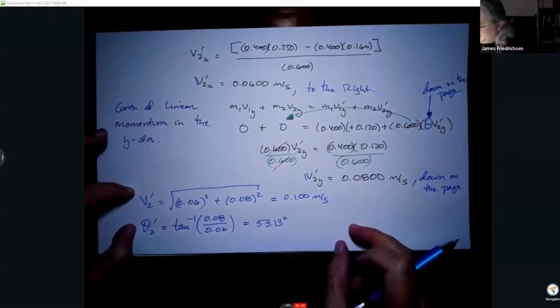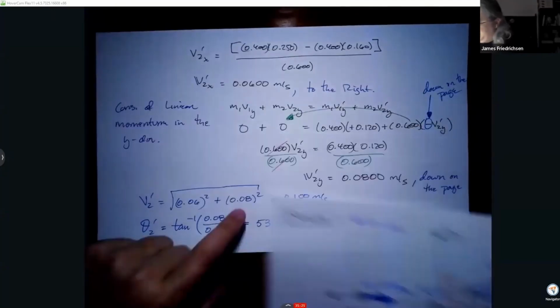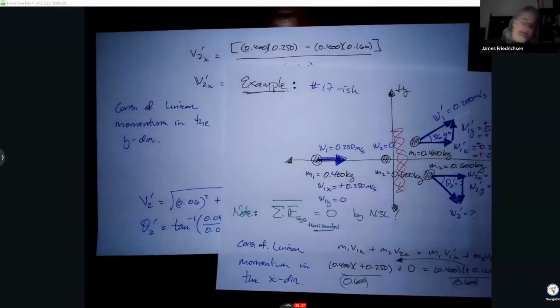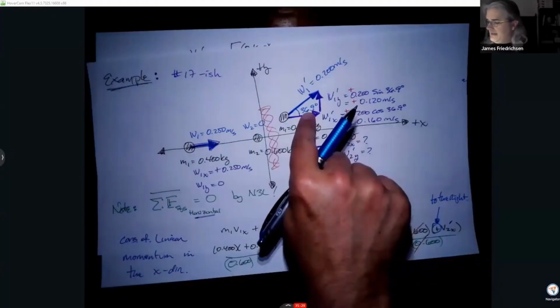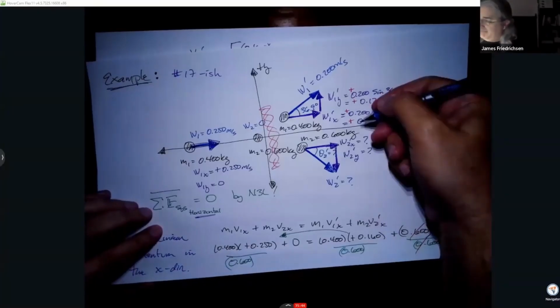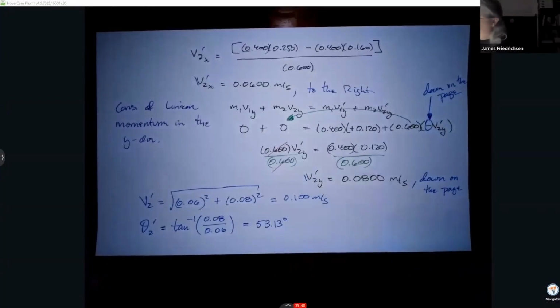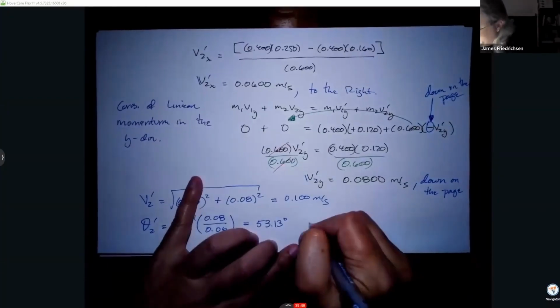All right, so then we put these together. Now, the way you report the direction, we have the angles. You're going to give it the same way they gave this angle for the v1'. And what they said was that it was at an angle of 36.9 degrees above the x-axis in the first quadrant. So then we would be below the x-axis in the fourth quadrant. And I would always say it's the positive x-axis, but that's just me.